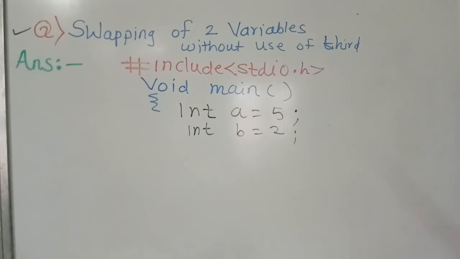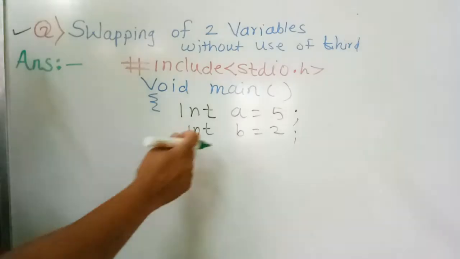Now, as this is the program for swapping of two variables, we can directly answer like after interchanging a becomes 2 and b becomes 5. But this is not actually it, because we don't have to use the third variable. After accomplishing this without use of the third variable, we will cover the problem of using the third variable. So first of all, we will go by the plain logic.